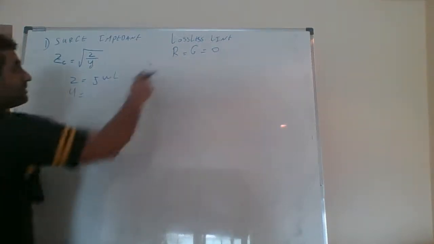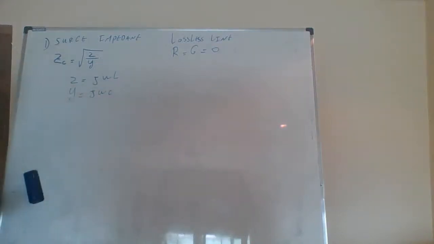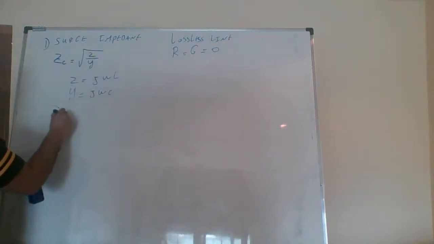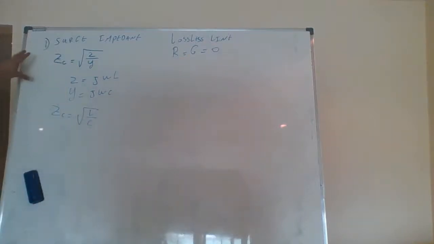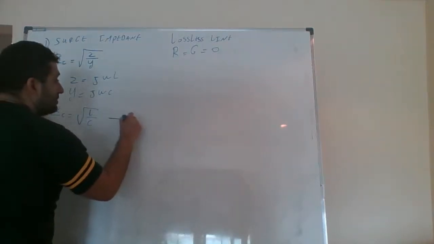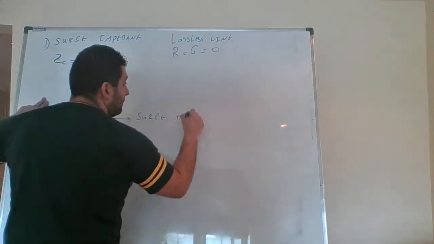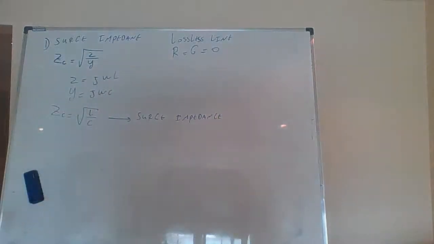Only the capacitance, there's no G. So j omega C. If I put it together, it will give me ZC equals square root of L over C. So this characteristic impedance is now known as the surge impedance.